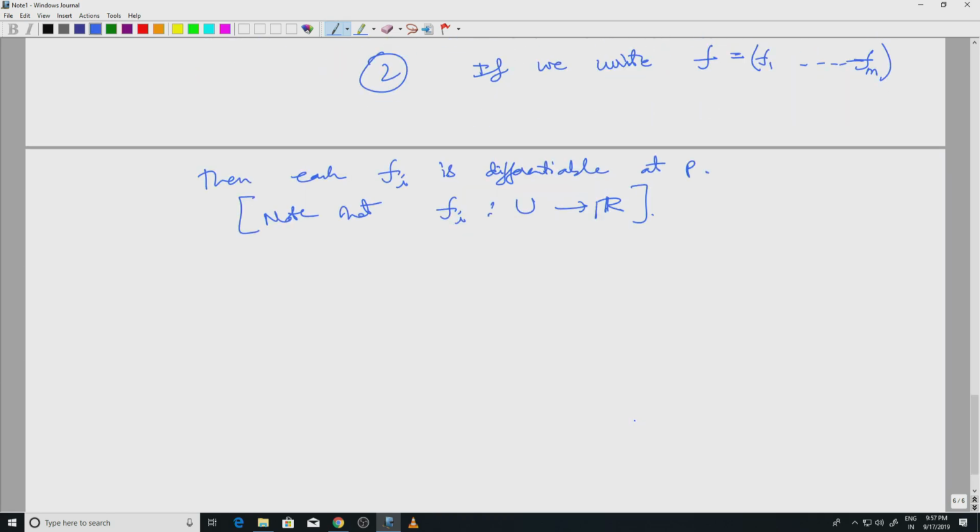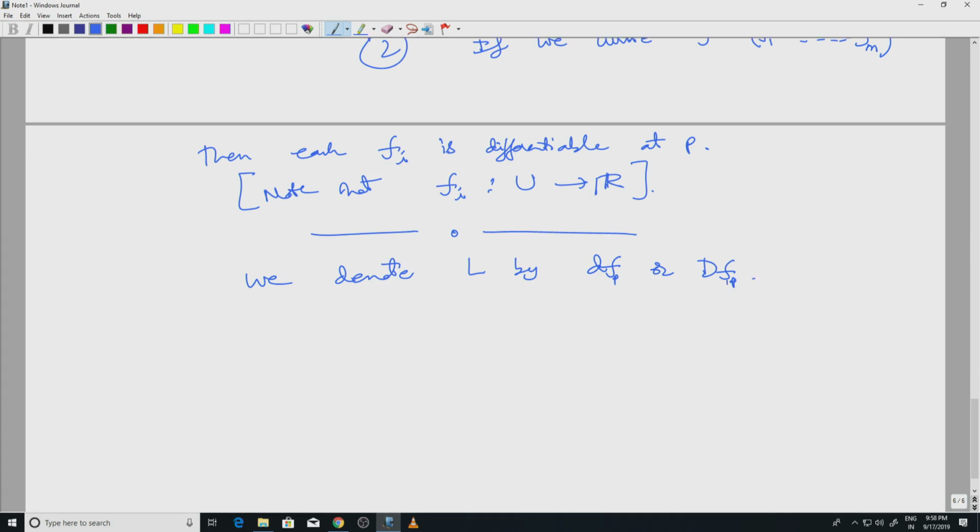Before I do that, let me just say this L we denote by df at P, or sometimes capital D f subscript P.